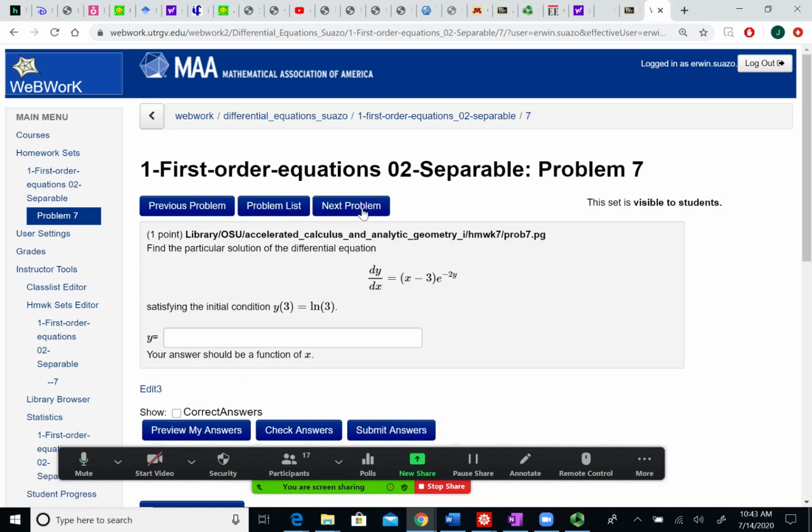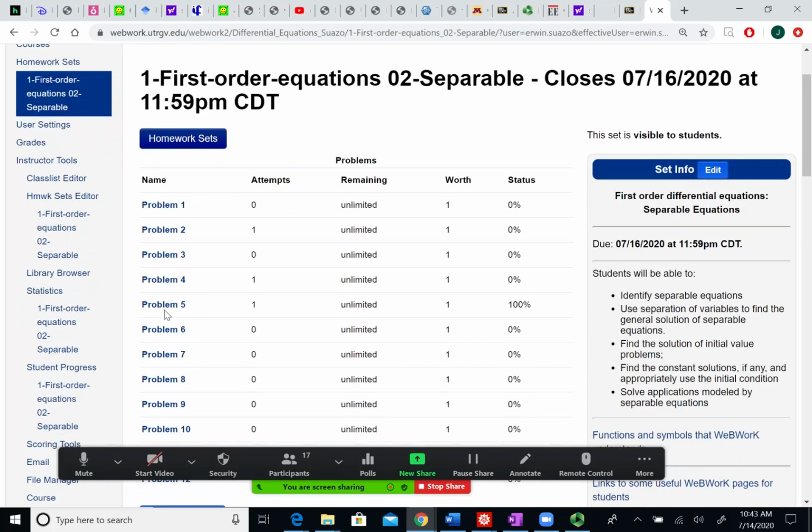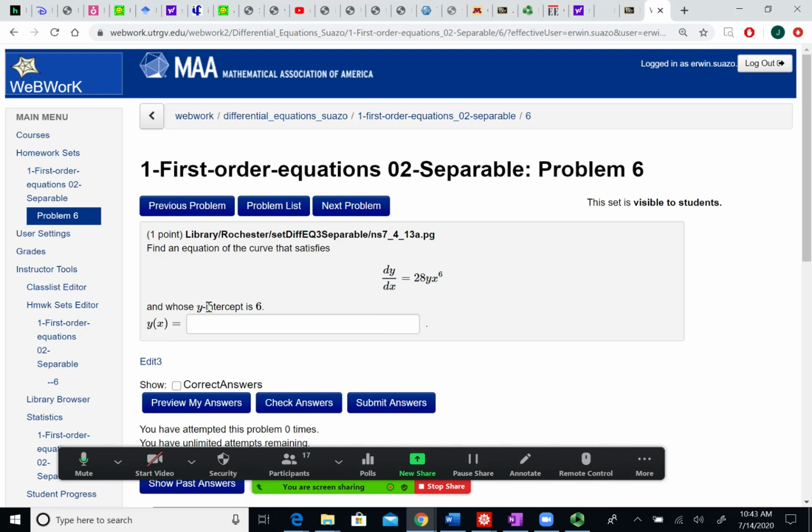And this is also similar. Let me check. So the y-intercept is 6.